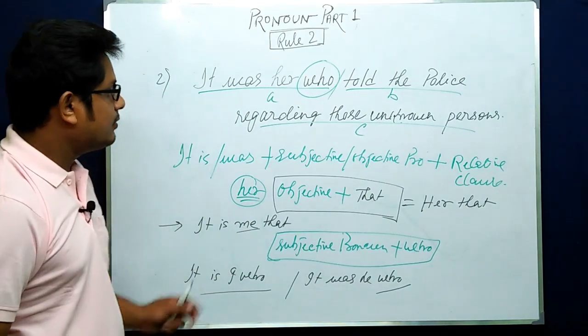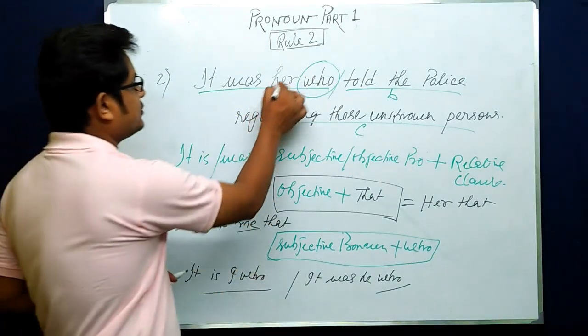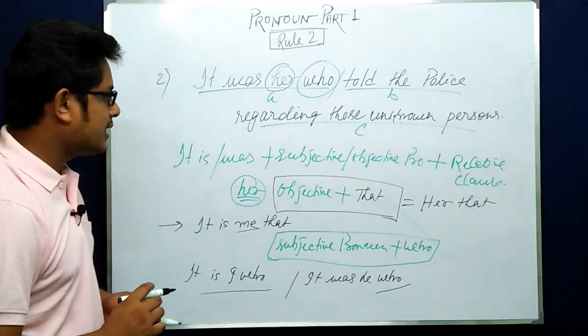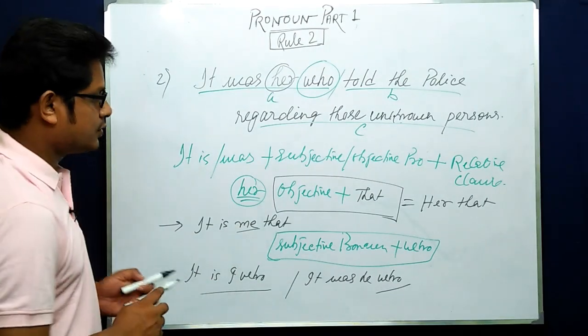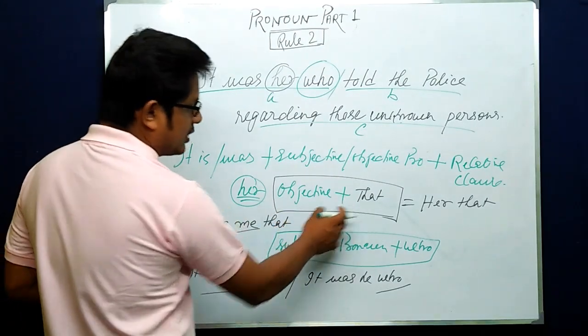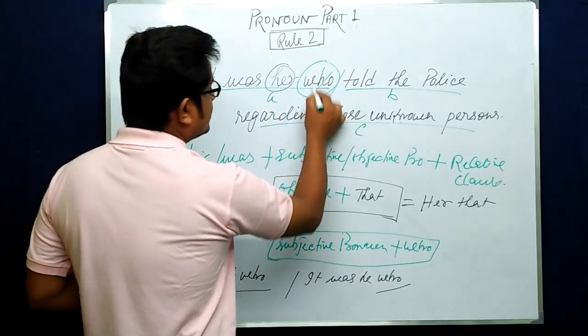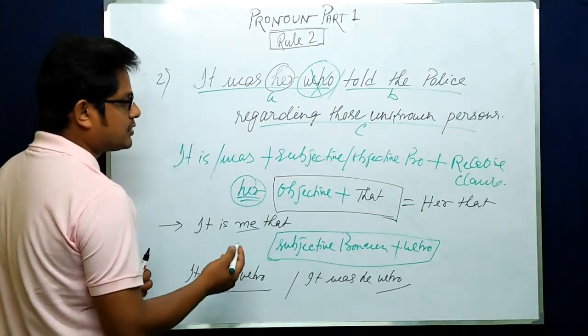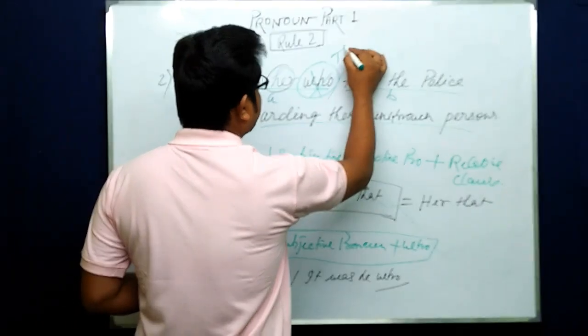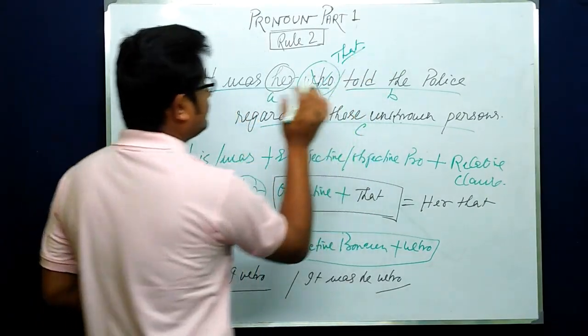Clear? Now look at this sentence. I have used her. So her is an objective pronoun. According to this, after an objective pronoun, you are supposed to use that. So who is completely wrong. You are supposed to write that in place of who.